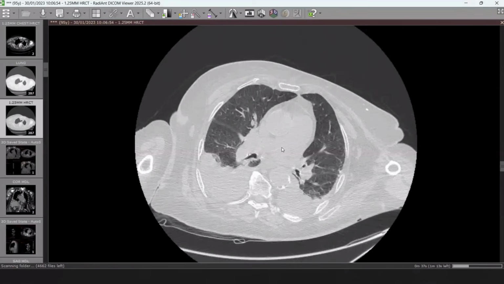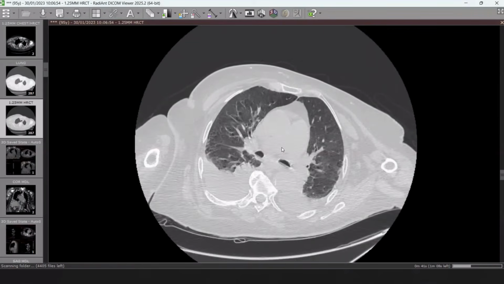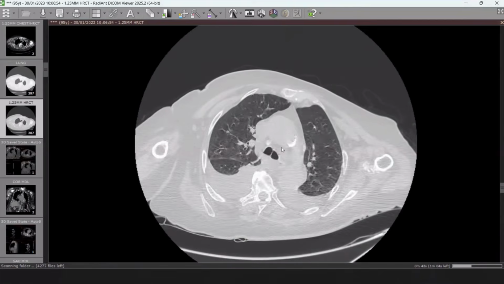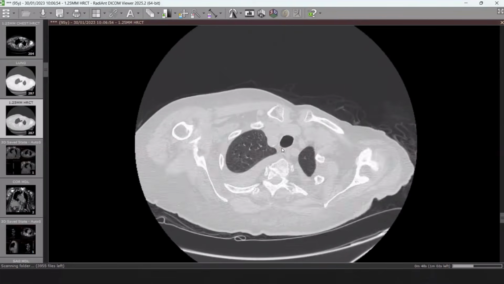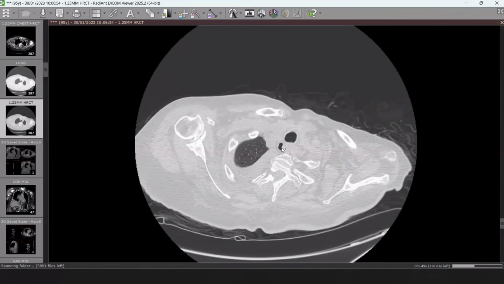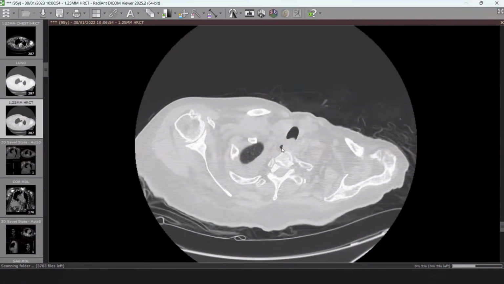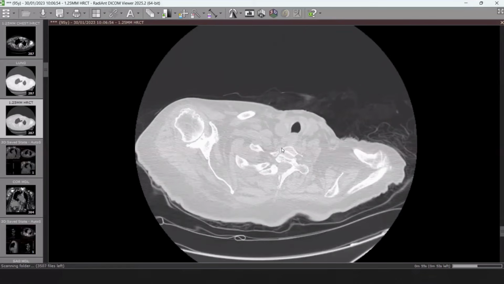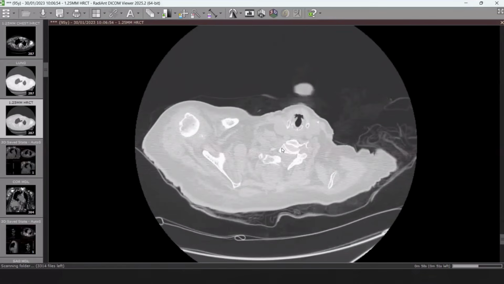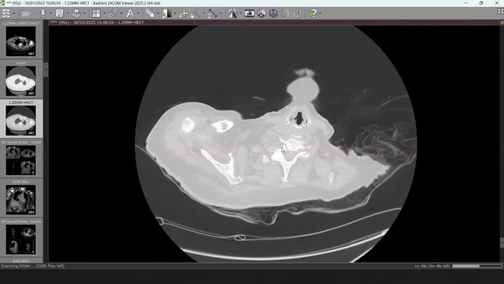Okay, go ahead. So this is the axial CT chest of a 90-year-old patient who presented with, I think, acute dyspnea, you said, sir? Acute dyspnea. She came to the ER complaining of acute dyspnea.